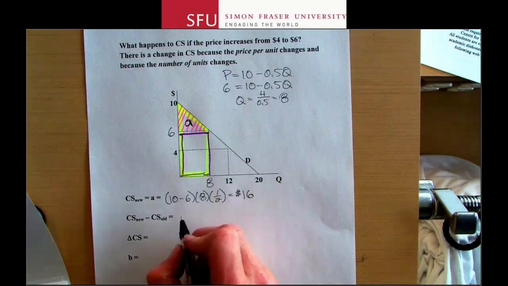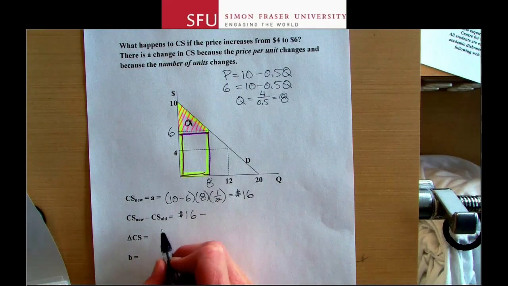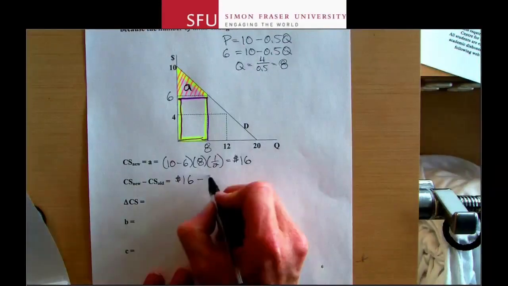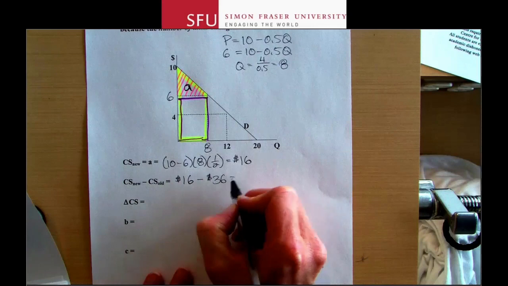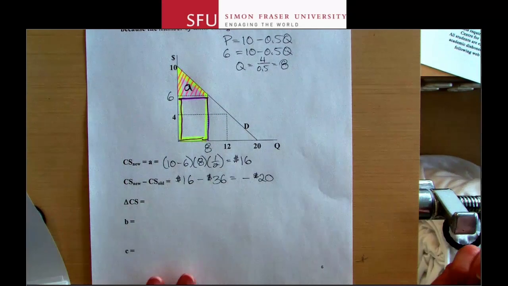So the new surplus is $16 minus the calculation from the previous page, which was $36. So they've lost $20.